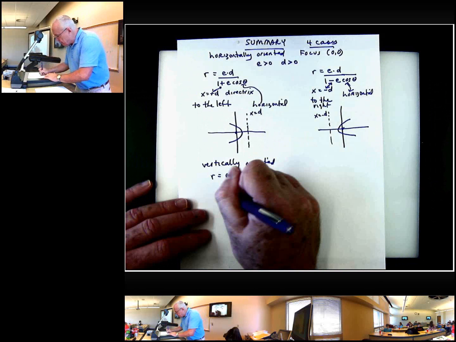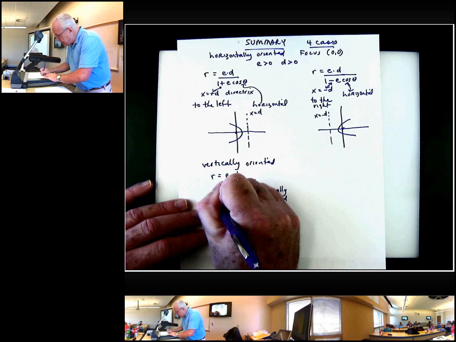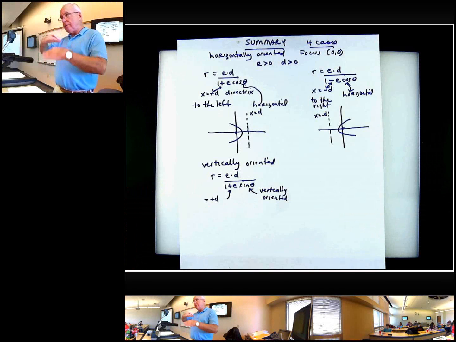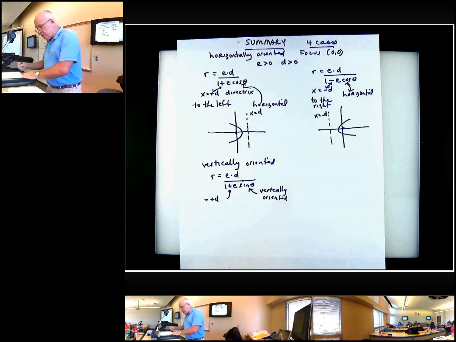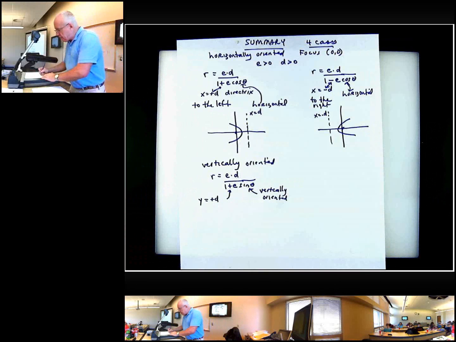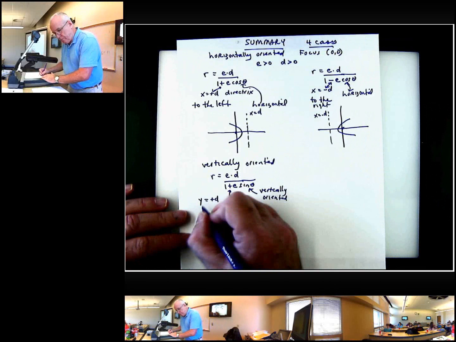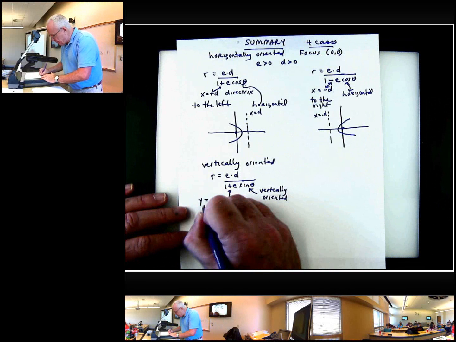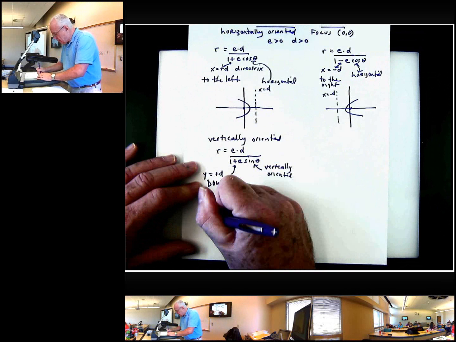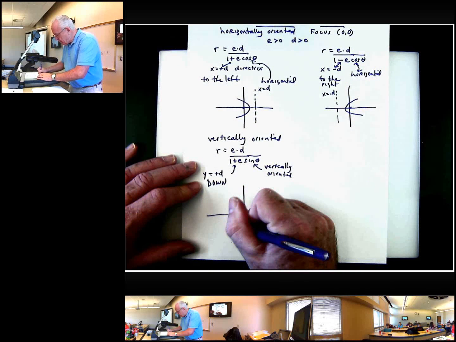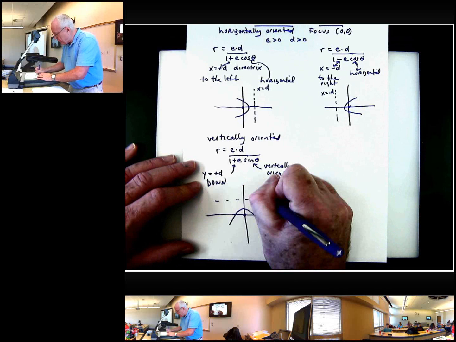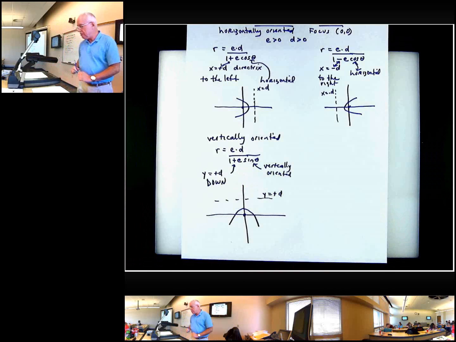And our directrix here is going to be plus d. But because it's vertically oriented, it's a horizontal line. It's y equals plus d. And it's going to be going up. No, it's going to be going down, sorry. We have the focus here. It's going down. Here's our directrix, y equals plus d.